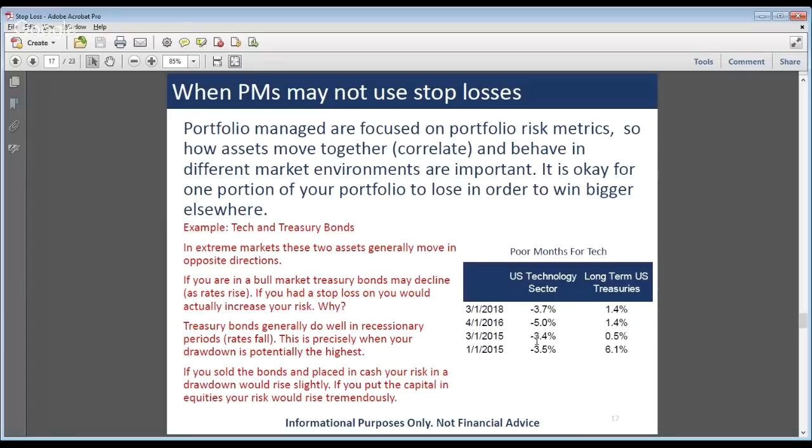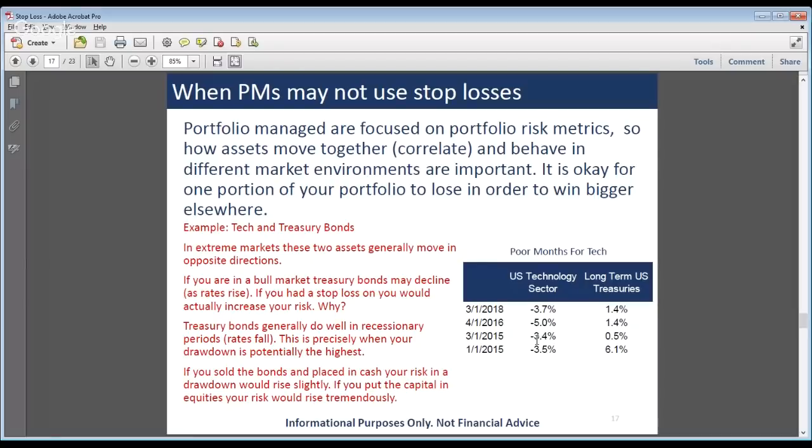I mentioned before, treasuries do badly if rates are going up and the economy is doing fantastic. Well, the opposite is true. If you're in a recessionary period and the Fed is cutting rates, your treasuries are going to do very, very well. And what's interesting is that when you're in a recession, maybe even a depression, your stocks are going down. You're losing money on that side of your book.